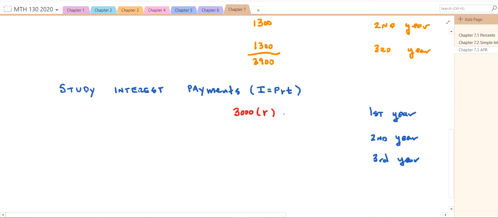So the first year you owe $3,000, and the time is a year. So we're not going to put anything in for R. Now the second year, you've paid off $1,000, so you only owe $2,000.